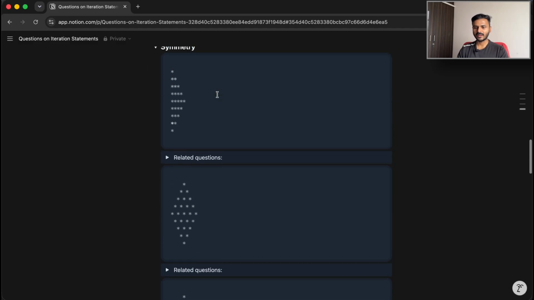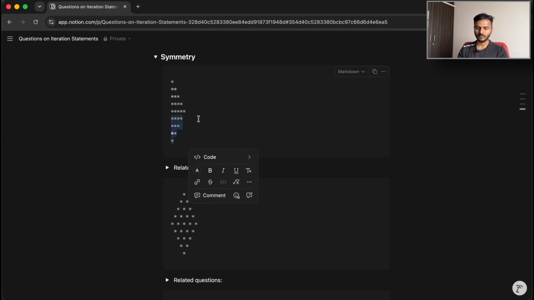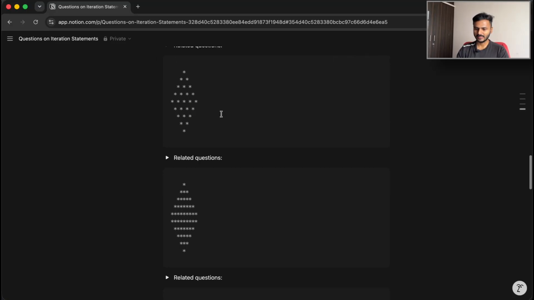And because these four patterns were symmetrical, we were able to find the solution of the first part and use that to find the solution of the third part. All that we had to do over here was reverse the way in which the loop was running. That is, if it was running from 0 to 3, reverse it to make it run from 3 to 0 and keep everything inside the loop exactly the same. So this is how we solved these four questions.